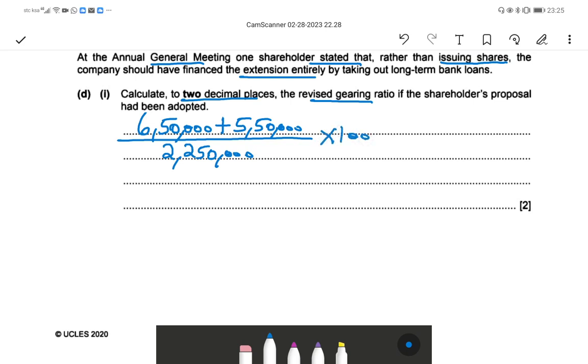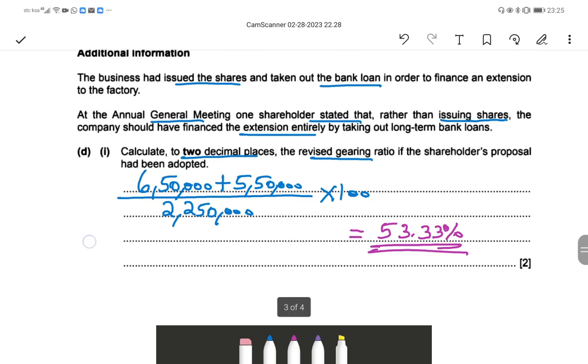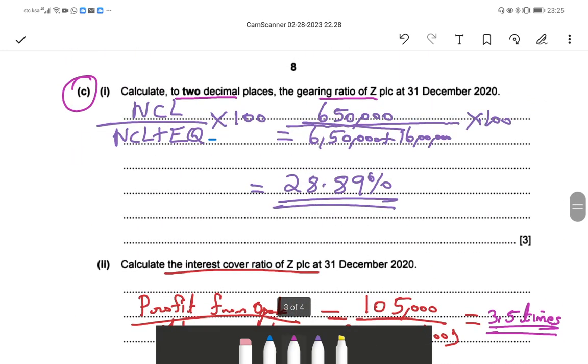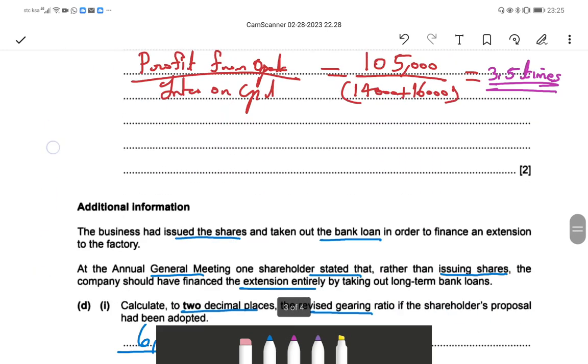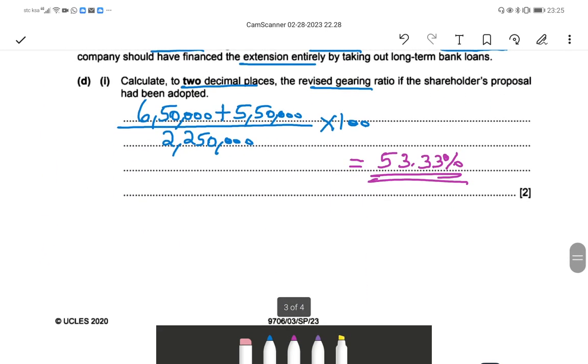So the revised one is 53.33%. Before it was only 28.89%. Now it is 53.33%, so the gearing ratio is more. So next question.